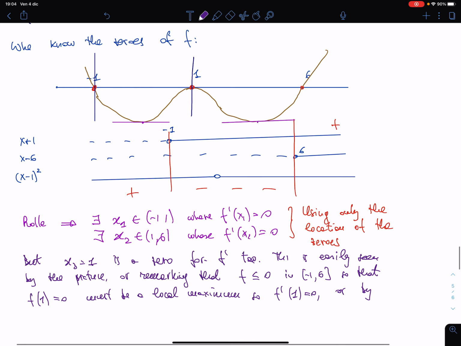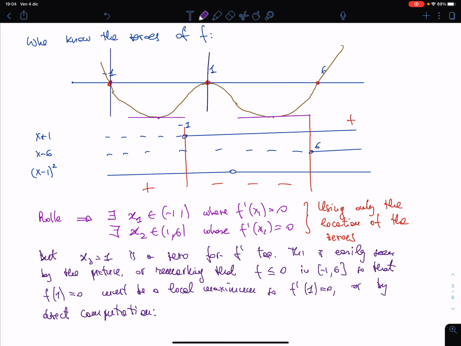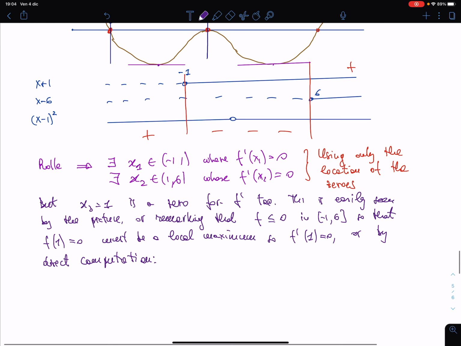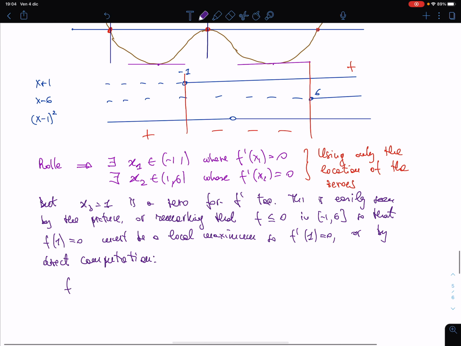Seems to be long, but it is not long. Take the function here. Since here you have a square, it is clear that when you differentiate and you use the Leibniz formula, a factor x minus 1 appears in every term. So you have f prime of x equal to 2 times x minus 1, x plus 1, x minus 6, plus x minus 1 squared, x minus 6, because the derivative of x plus 1 is equal to 1, plus x minus 1 squared, x plus 1.